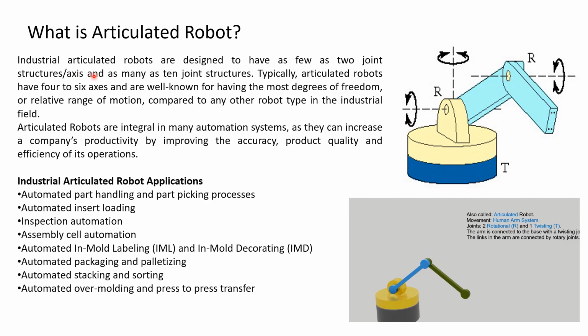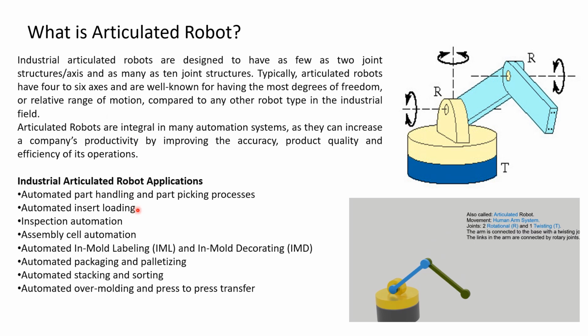The articulated robots are basically designed to have as few as two joints or as many as 10 joints. Typical articulated robots have 4 to 6 axes, and they are well known for having the most degrees of freedom and range of motion compared to any of the other configurations that we saw.